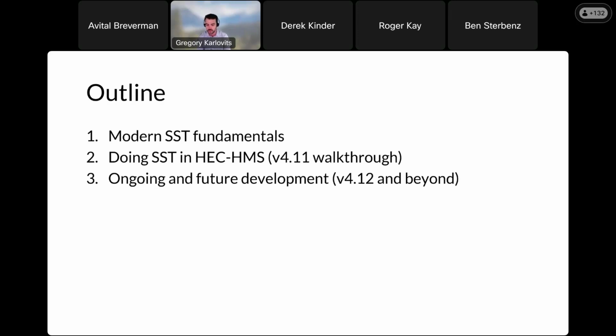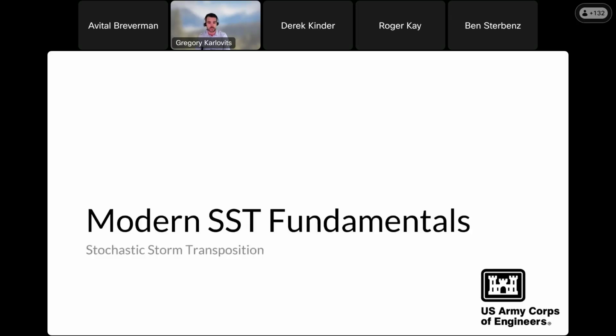There's quite a bit of features that came out in version 4.11 a few weeks ago that let you do this. Then I'm going to talk a little bit about where we're going from here, the development that is either in progress right now or we have an immediate plan to tackle that's going to continue to make doing SST possible. So let's get into the fundamentals.